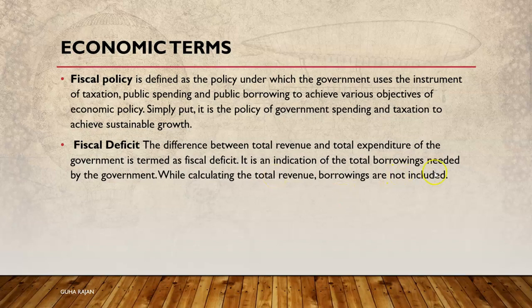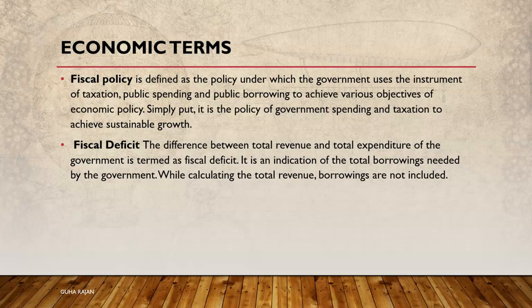It is an indication of the total borrowing needed by the government. When total expenditure is more than total revenue, it becomes a fiscal deficit, and that's where you need to borrow or print currency. Most countries do print currency. When you print currency, the problem is it gets onto the inflation track.